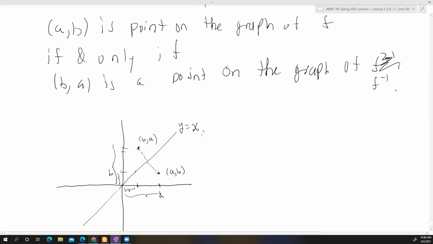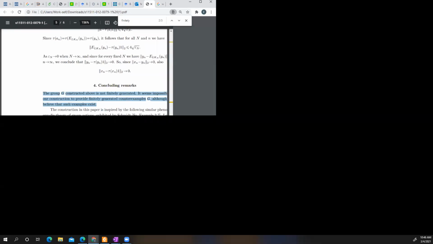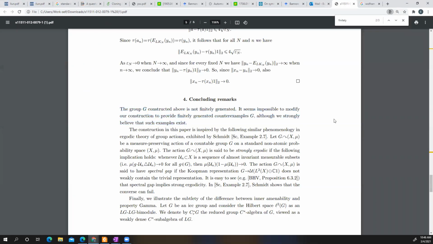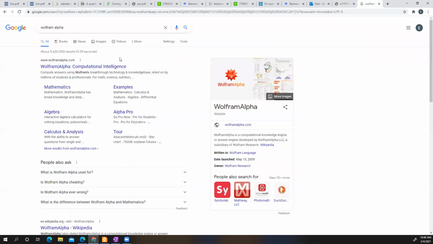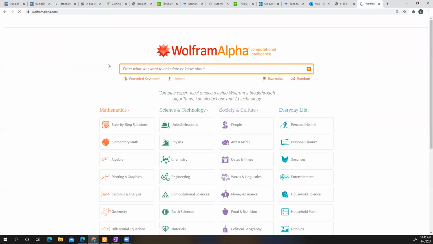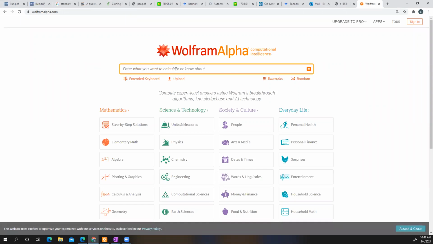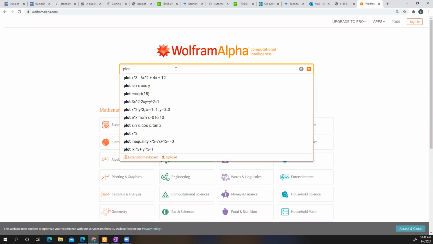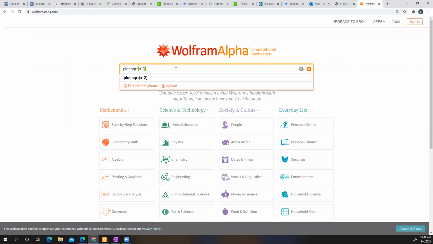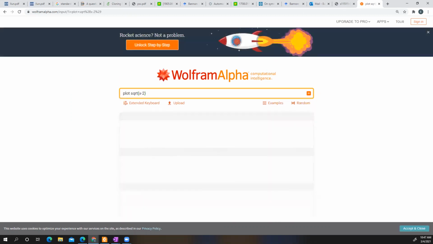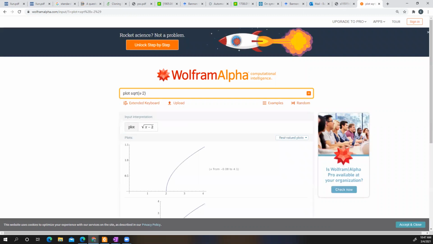So let me pull up Wolfram Alpha, which I definitely promote the usage of. We're going to plot square root of x minus 2, and then y is equal to x.